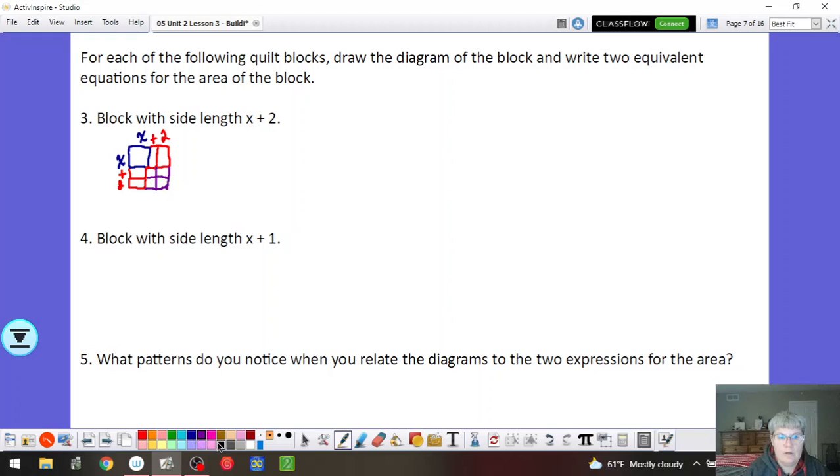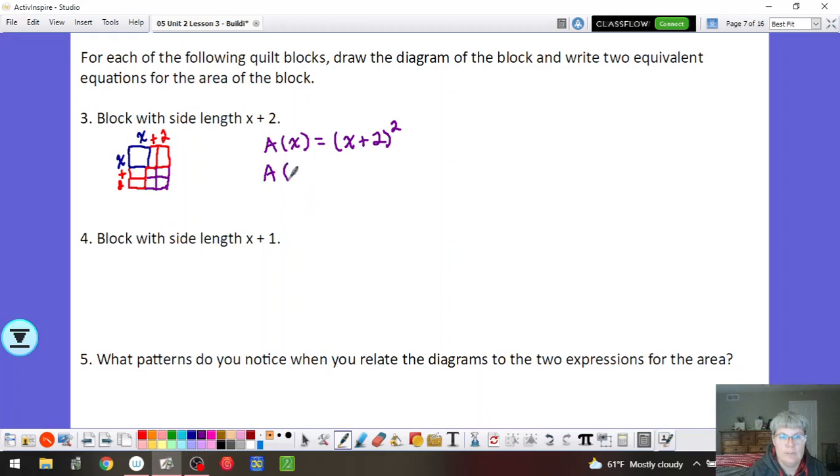So our area, our A of x, if we just write it in terms of side length, is x plus 2 squared, because we have 2 sides that are x plus 2.